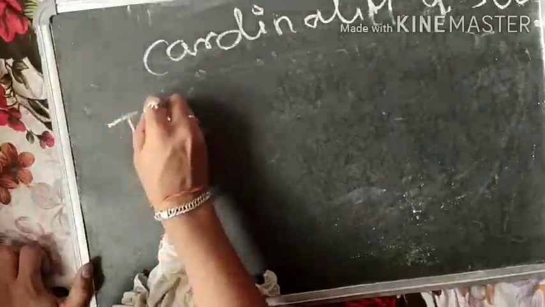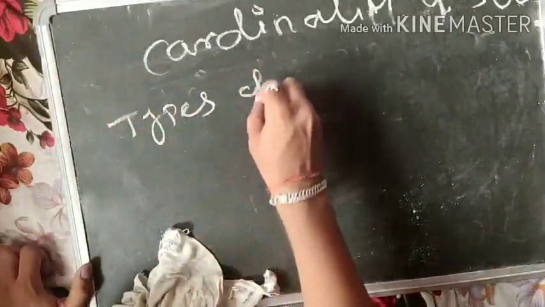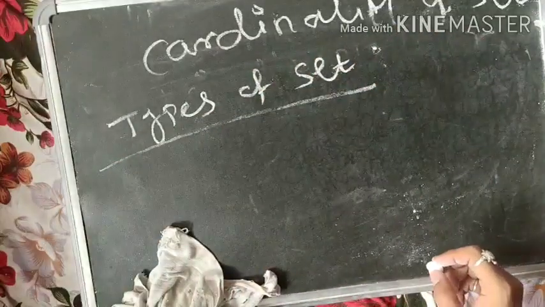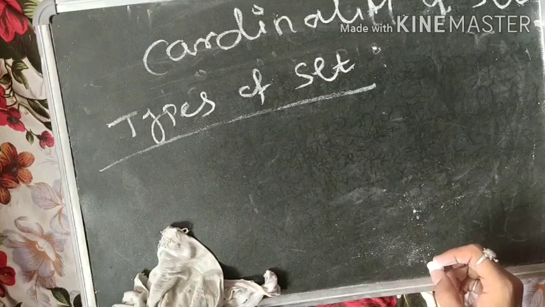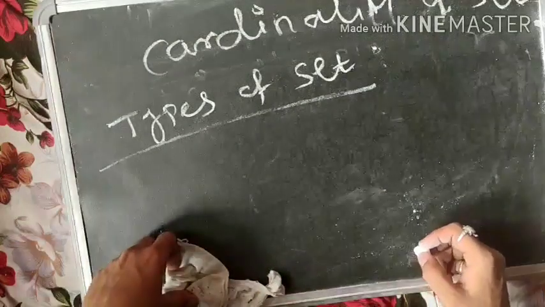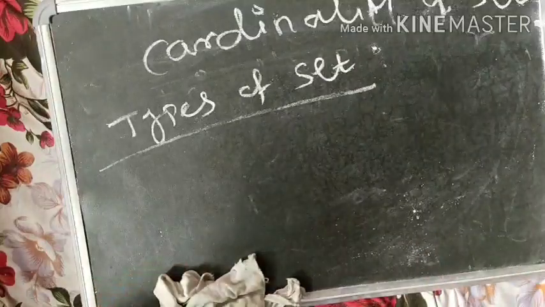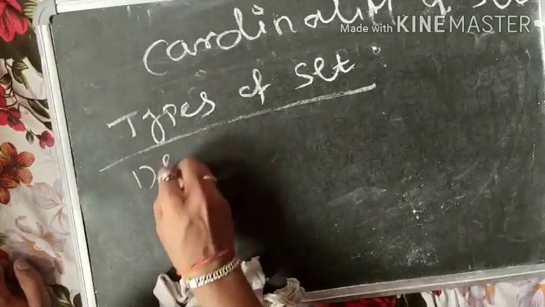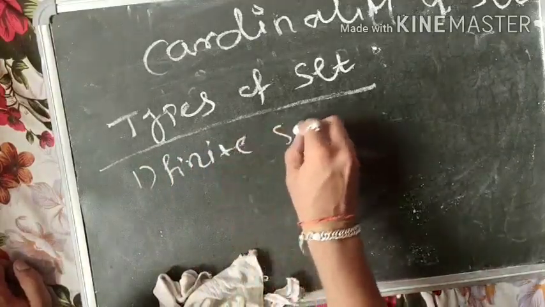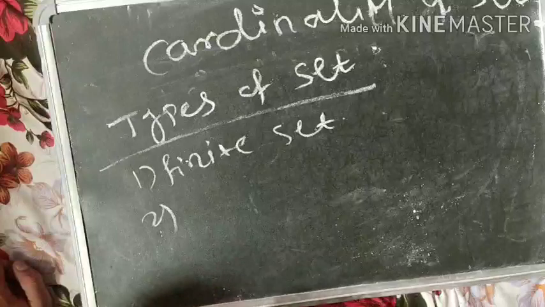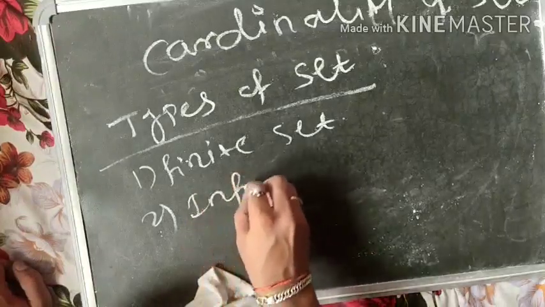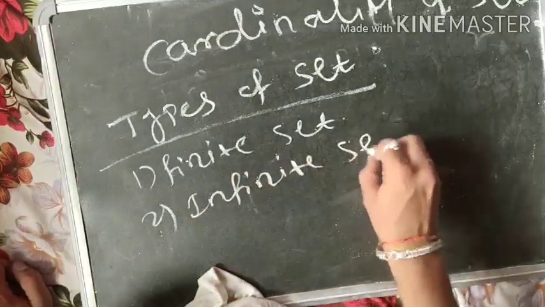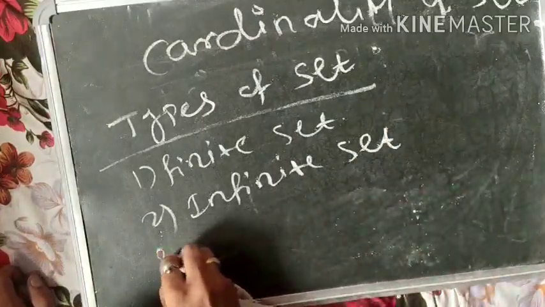Next topic is types of sets. In this topic we first need to understand the basic types of a set. So how many types of set are there? First is finite set. Second is infinite set. Third is subset.